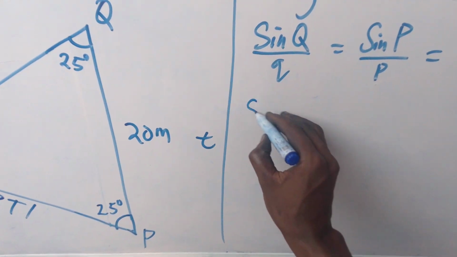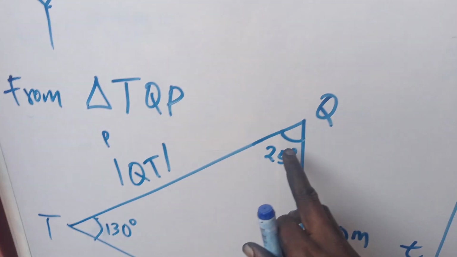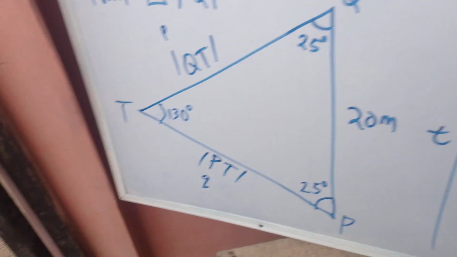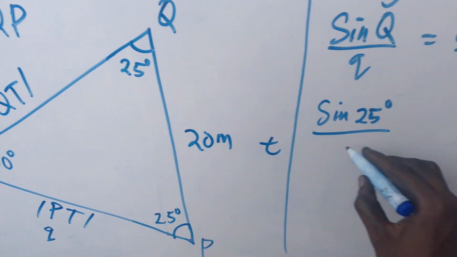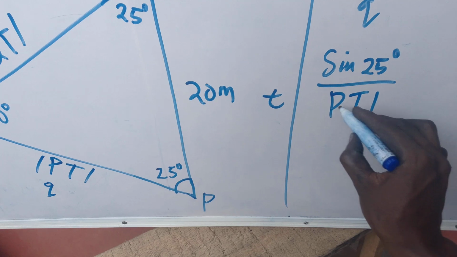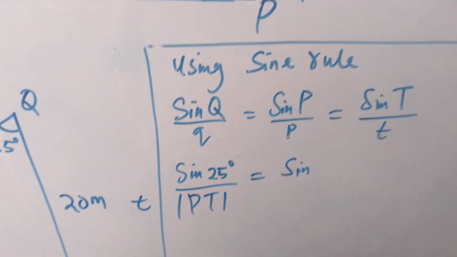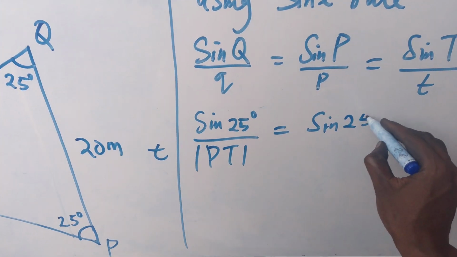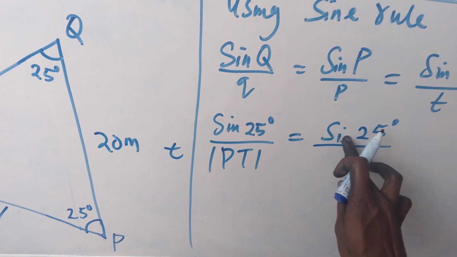This is sine of the angle at Q, which is 25 degrees, over small q. Small q is PT, distance PT, equals sine of the angle at P, which is 25 degrees, over small p.